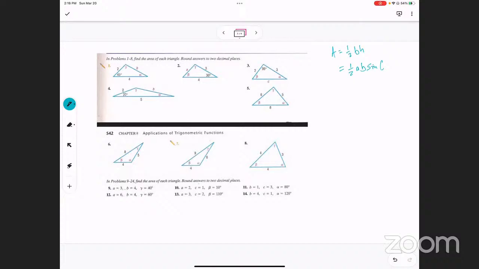So for number 2, your area is going to equal 1/2 AB sine C. What's the sine of 30 again? Isn't it 1/2?